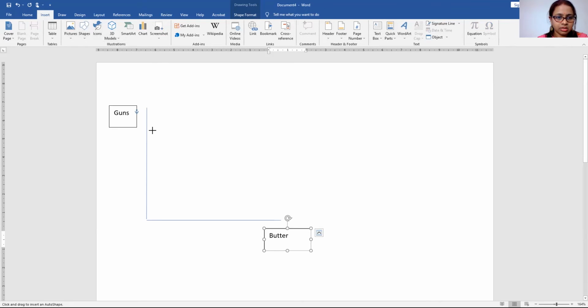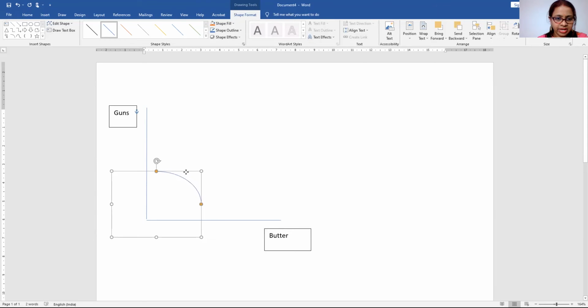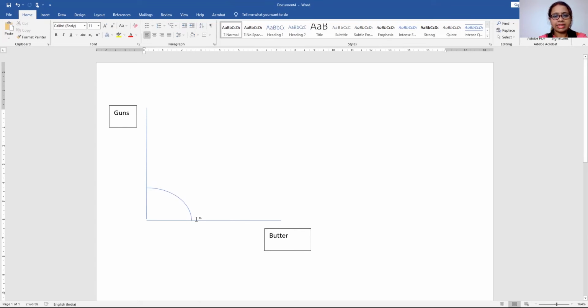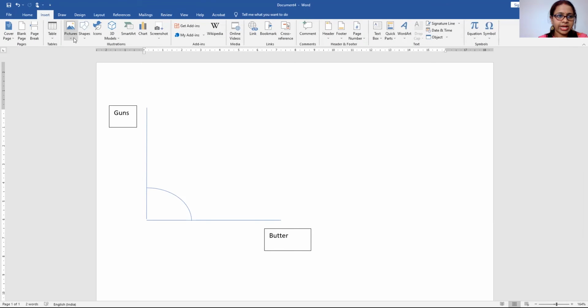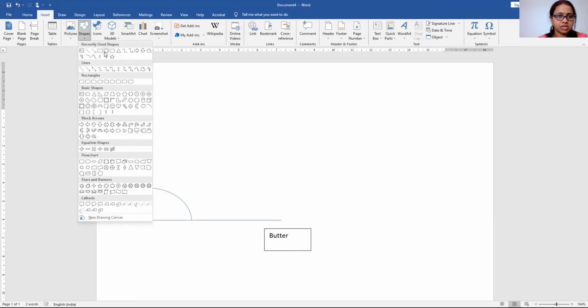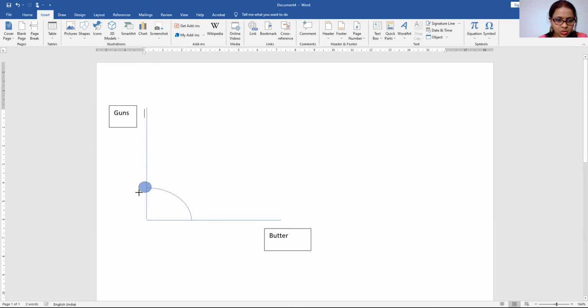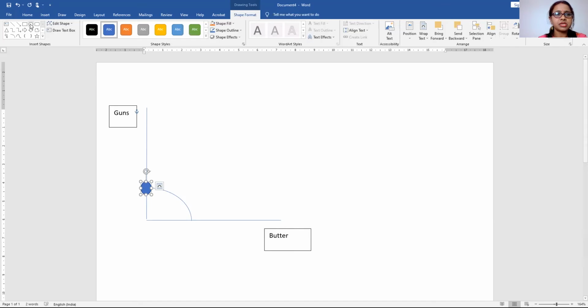So let me take this point. So this is my PPF, and this boundary is the maximum. This point shows the maximum amount of guns that can be produced, and this point shows the maximum amount of butter that can be produced.